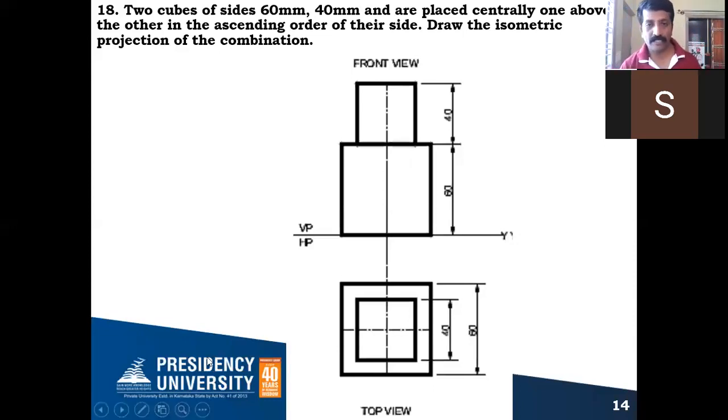From the center, if I consider half of that, you take 20 millimeter here, 20 millimeter here, mark it, and similarly 20 millimeter above and 20 millimeter below you mark it. Wherever you mark, on the horizontal line and vertical line, now you draw the line like this.